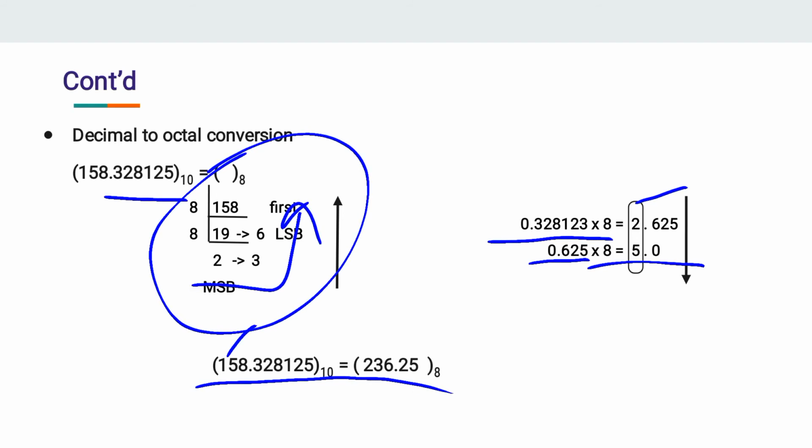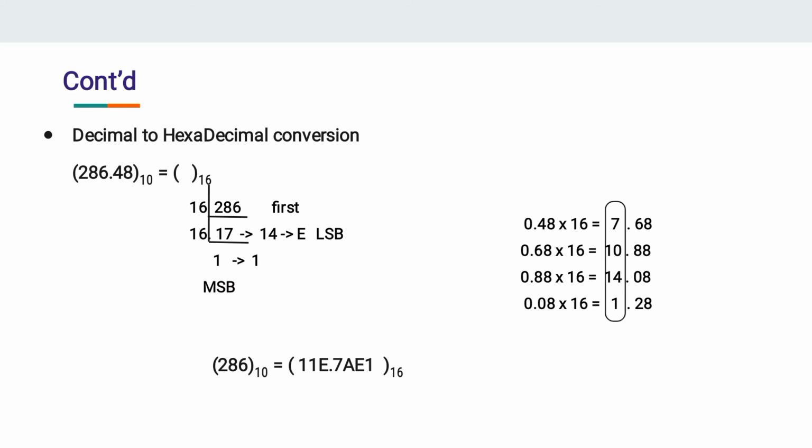Clear? For 0.328125 you will get 25. So you have to start from the top to down. 25 is the answer. So the next example is conversion of decimal to hexadecimal.